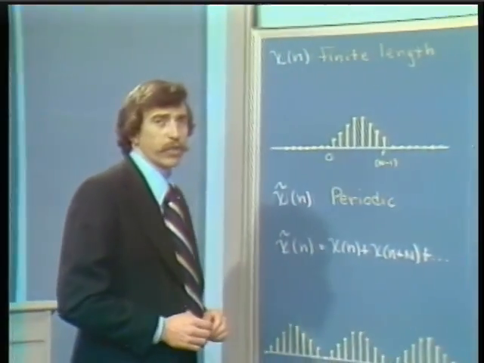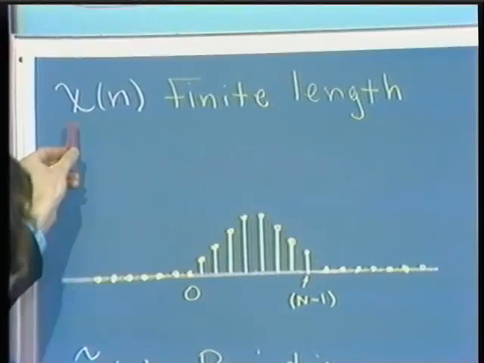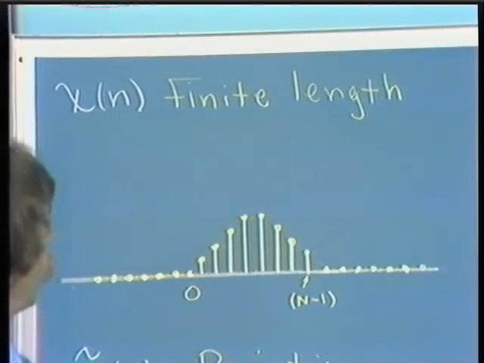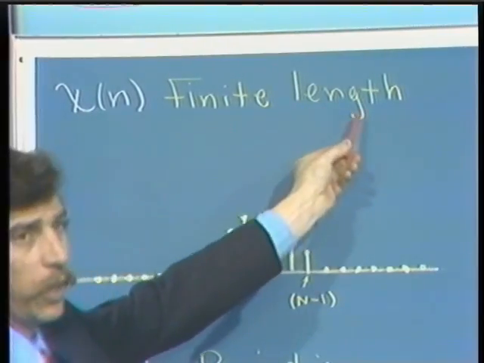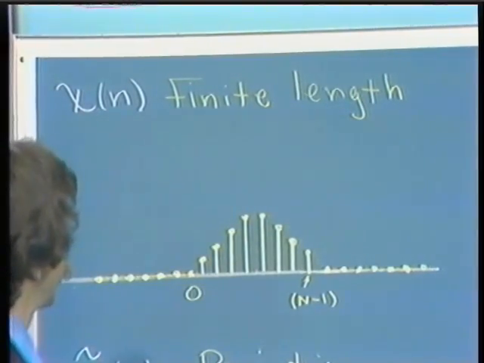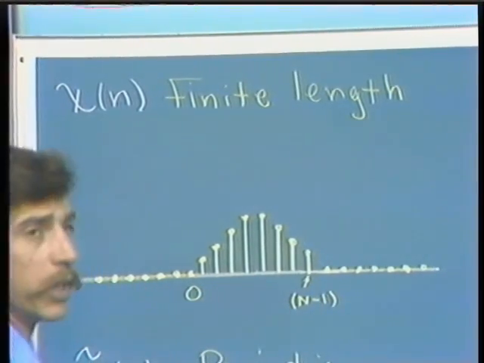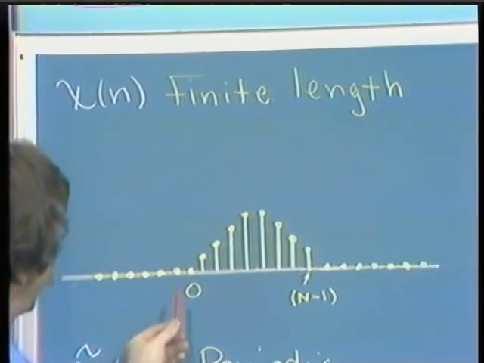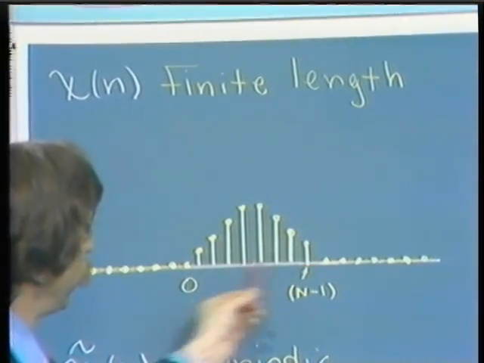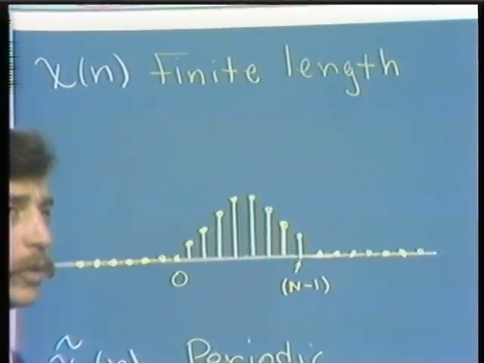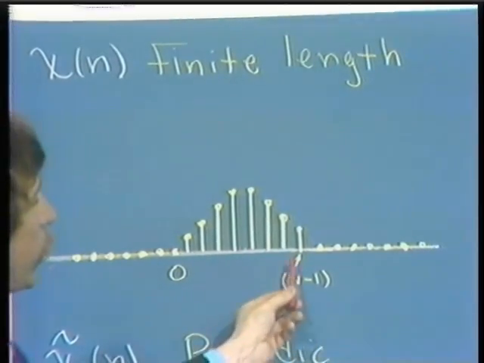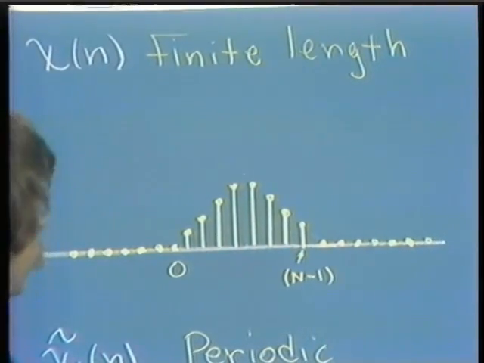Let's consider, first of all, a sequence x of n, which I'll restrict to be a finite length sequence. The sequence, for example, one example indicated here, has a set of non-zero values only over a finite range of the argument n.